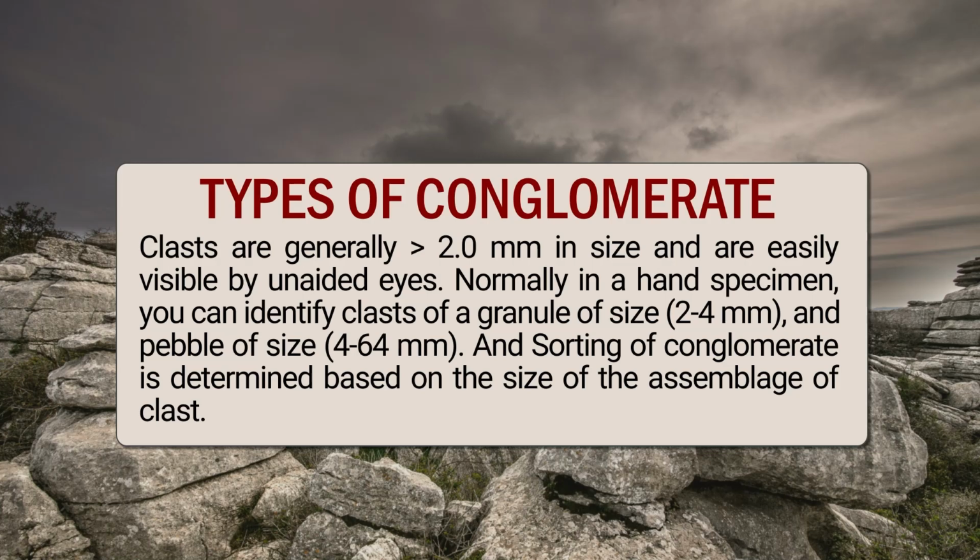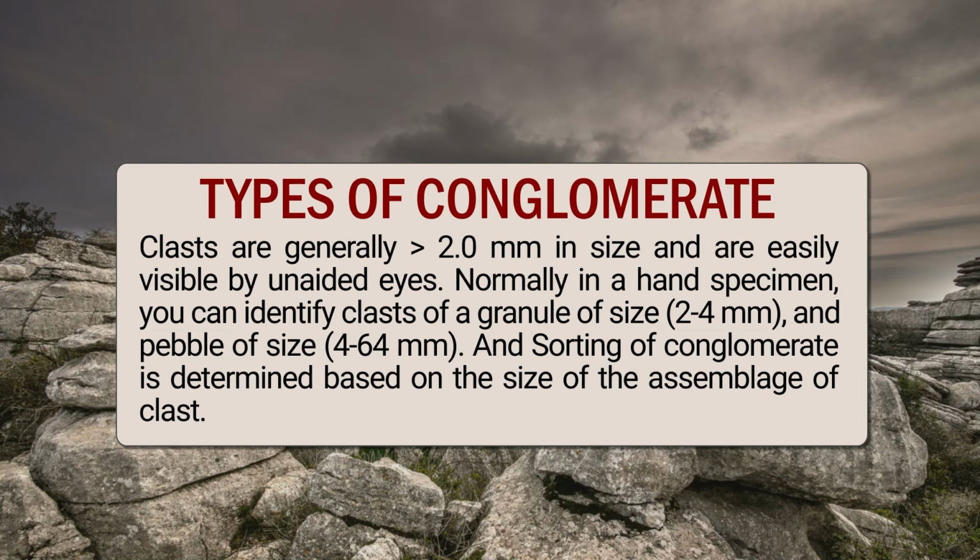Normally in a hand specimen you can identify clasts of granular size, that range between 2 to 4 mm, and pebbles of size that ranges from 4 to 64 mm.